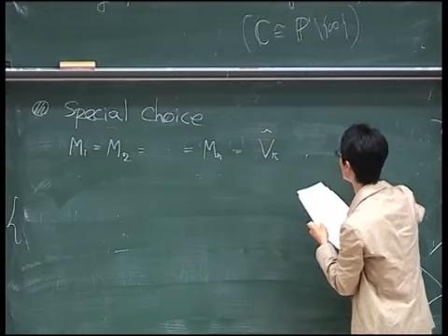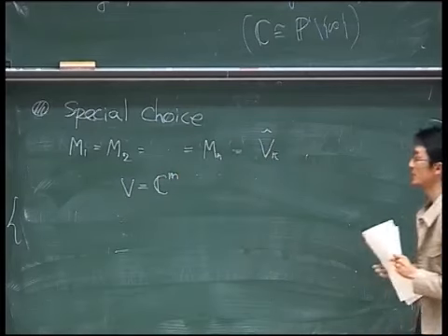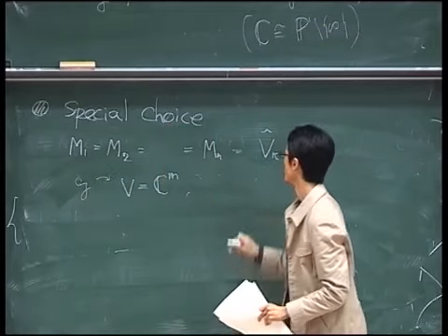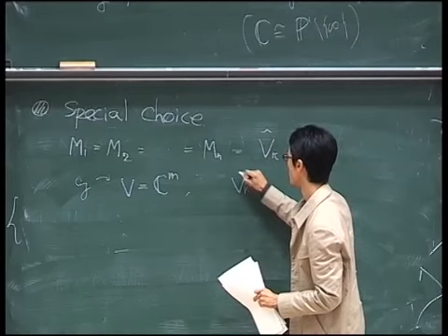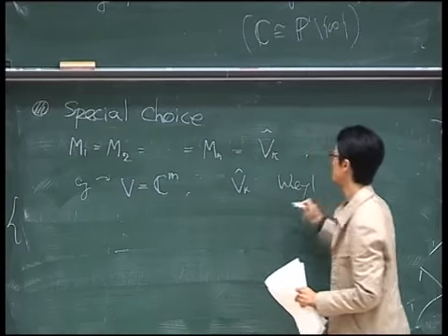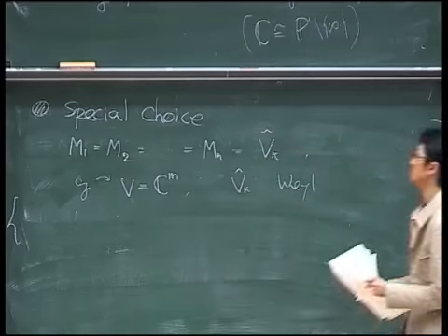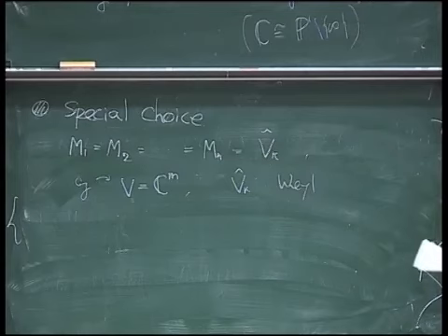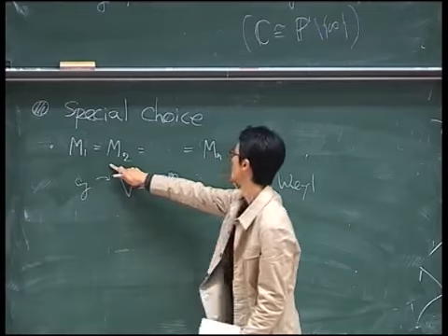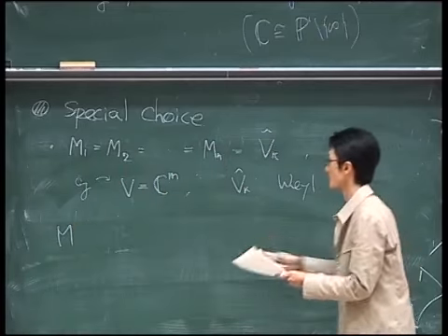Here B is a basic representation of G, and B hat is a Weyl module associated to this irreducible module, the highest weight Weyl module. So we have a special choice, but we still have one freedom of choice.